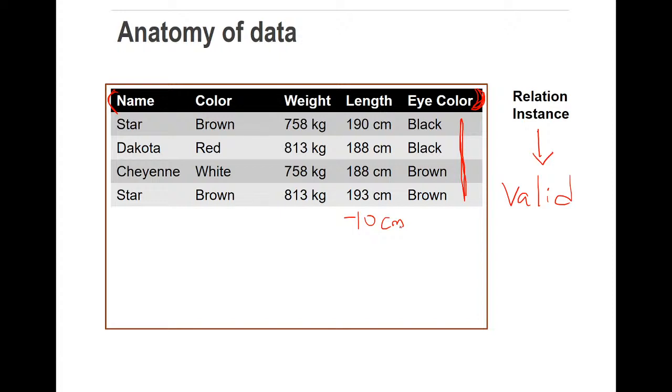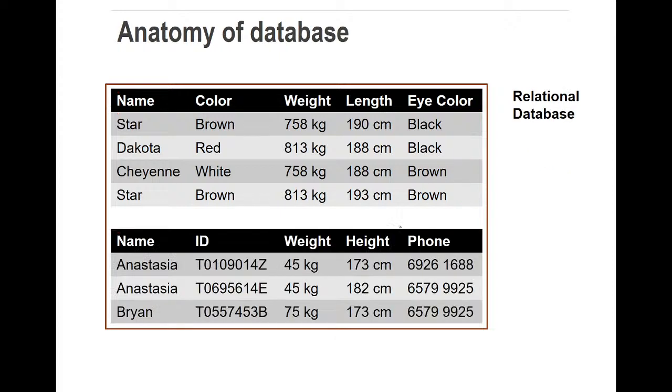Now, if you have multiple relation instances, let's say this is 2, this is what we call a relational database. Right. Again, the name here and the ID is random. And what we mean by a relational database schema is that, well, you ignore the instance itself. So relational database is talking about the instance.